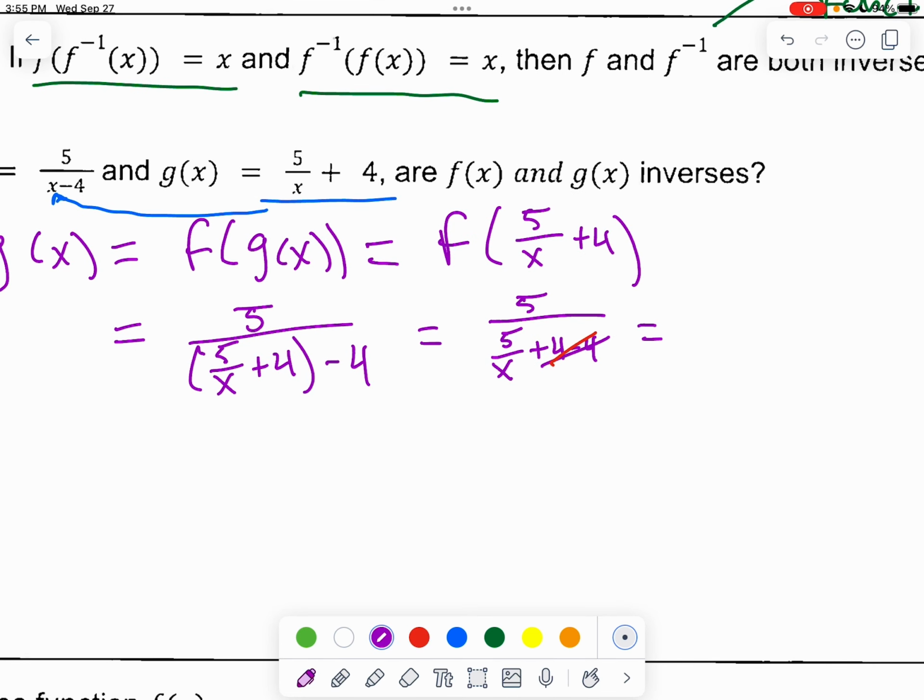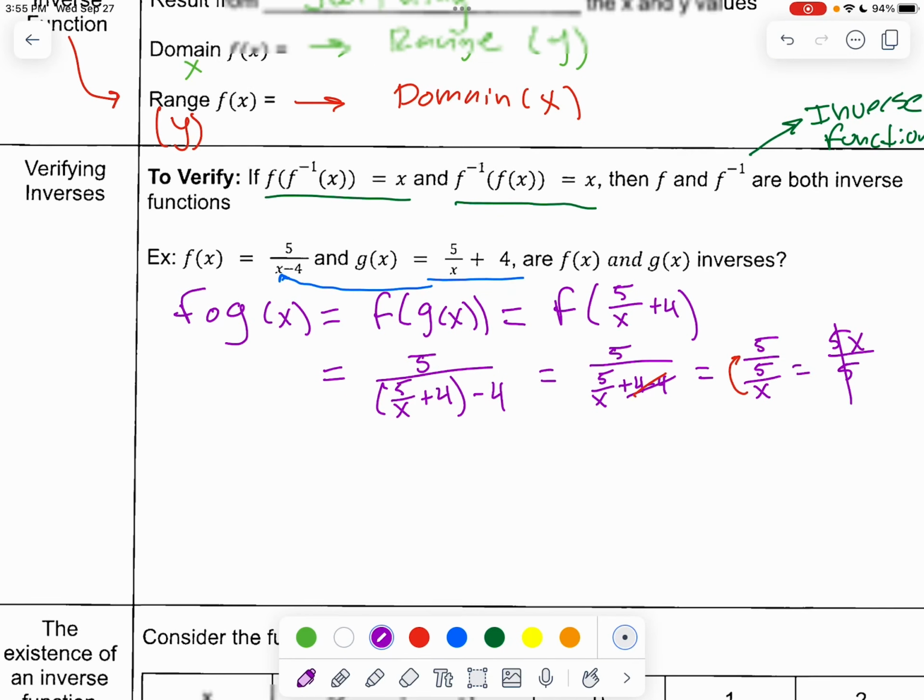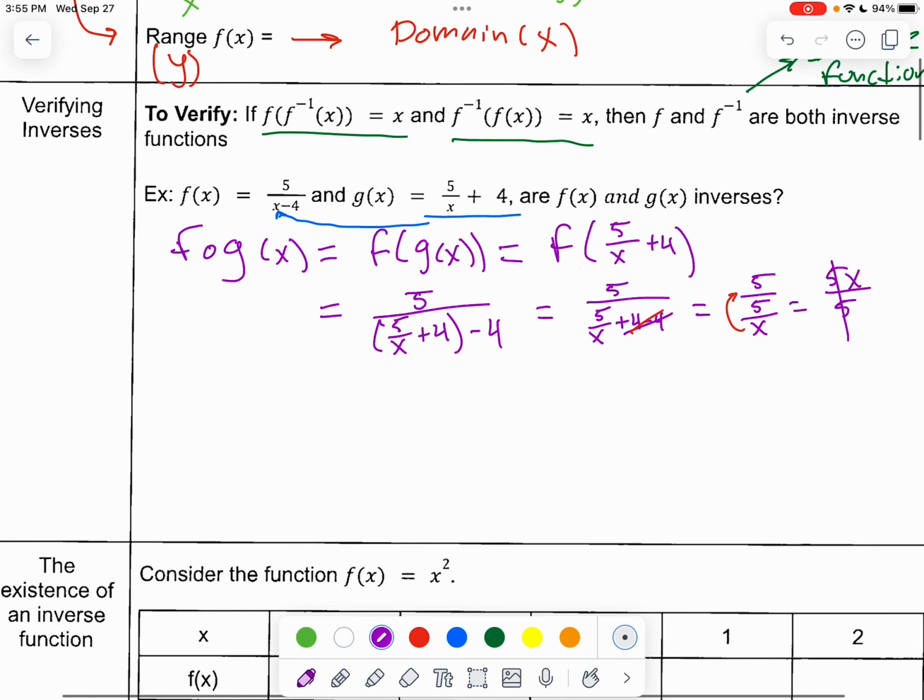And then now you're left with 5 over 5 divided by x, which when you simplify this, that x is going to jump up to the numerator. So you're going to end up with 5x over 5, and then these cancel, and you're done. That's it. We just showed algebraically verifying that f and g of x are inverses of each other. I could have gone the other way. You should end up with that, and maybe when we come back, we'll go over that.